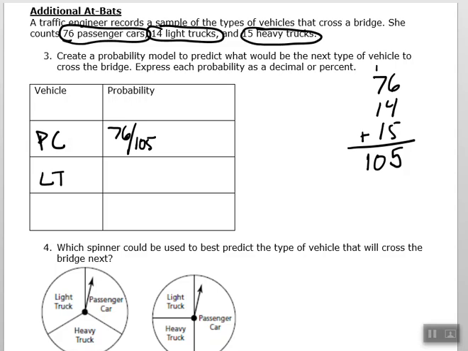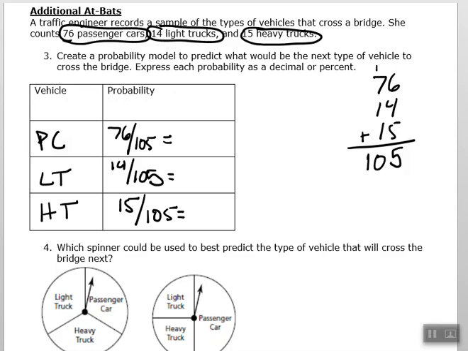My light truck is 14 out of 105. And my heavy truck is 15 out of 105. And since it had to be out of 105 and not out of 100, I am going to have to do some division to get the correct decimal.